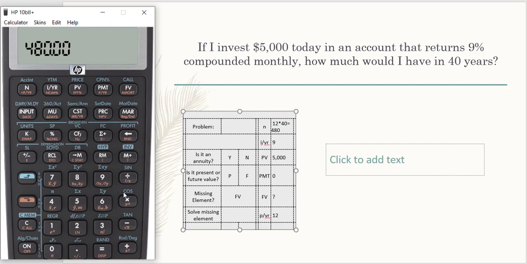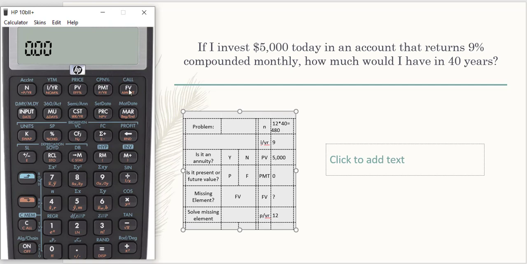So you type the number and then press the element you're trying to plug in. And then I hit 9, IYR, interest per year, and then 5,000. I like this because it shows me the comma, so I can make sure I'm not getting off on place value. That was my present value. I'm not adding anything monthly, so I'm going to put 0, payment.